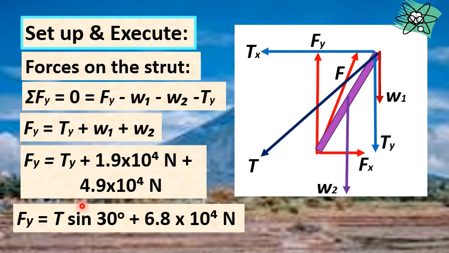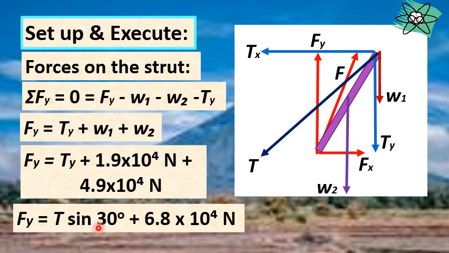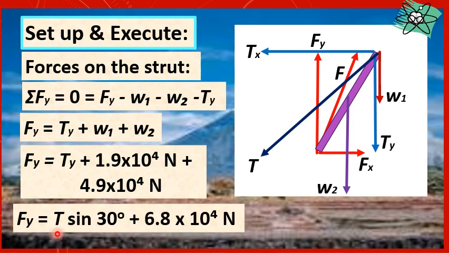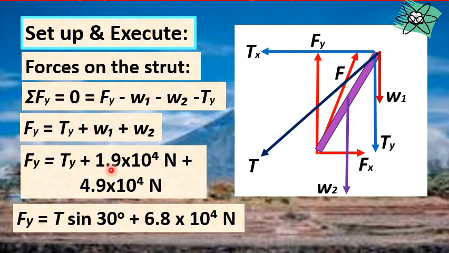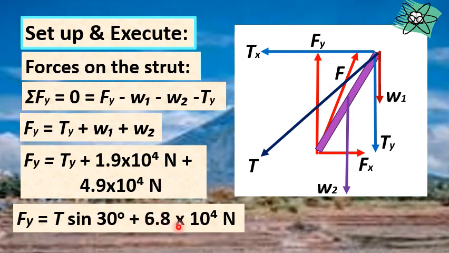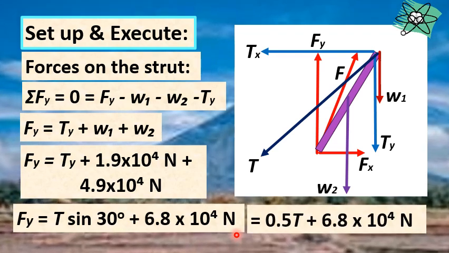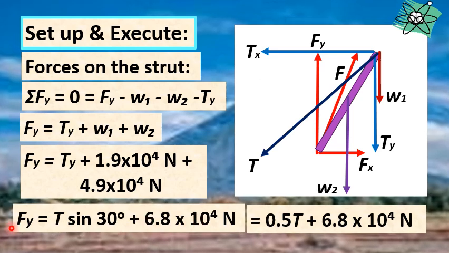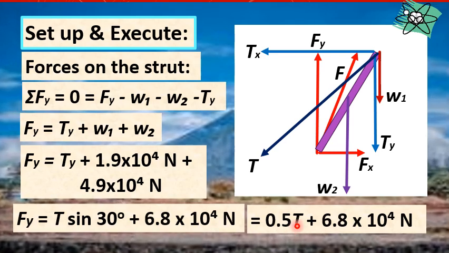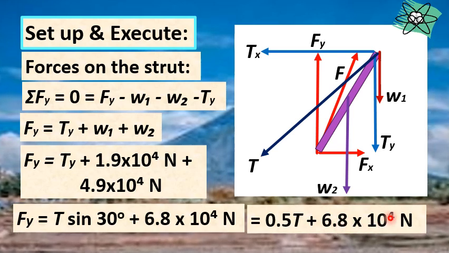Ty can be expressed as the tension T times the sine of 30 degrees, so we replace Ty by T sine 30 degrees. The sum of W1 and W2 is 6.8 times 10 to the fourth power Newton. Simplifying further, Fy equals 0.5 times the force T plus 6.8 times 10 to the fourth power Newton.